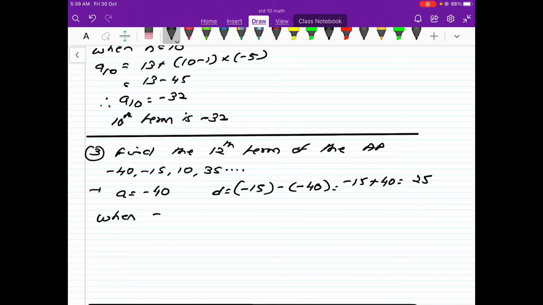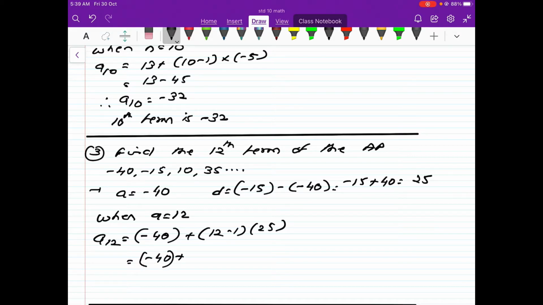Now we want the 12th term. When n = 12, we can write a12 = (−40), please put brackets wherever you have negative numbers, it's always better, plus (12 − 1) × 25. So this is −40 + 11 × 25, which is −40 + 275.